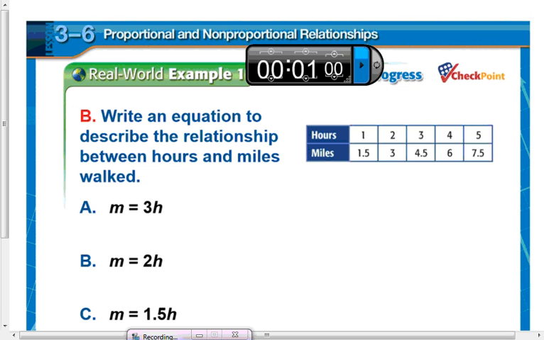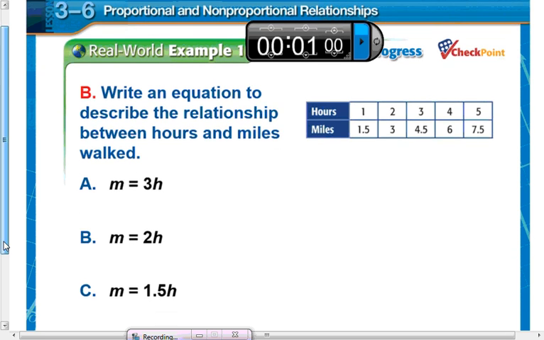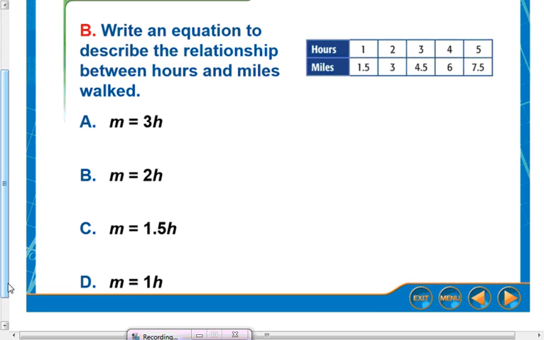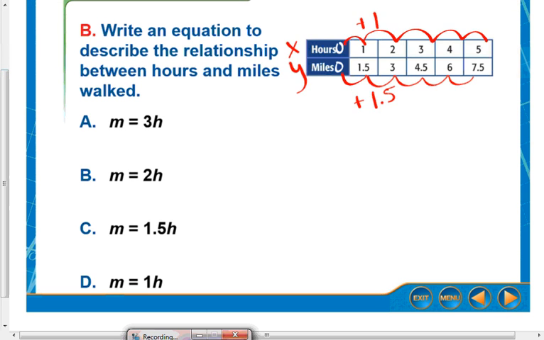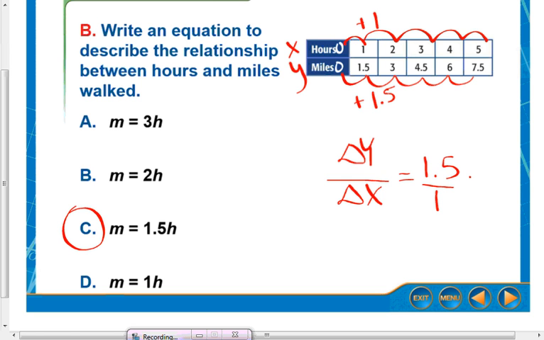Okay, the next example. Write an equation to describe this relationship between hours and miles. Okay, go ahead and pause it. All right, ladies and gentlemen, your answer is C. Because if you look at it, your rise is your change in y over your change in x. 1.5 over 1. 1.5.